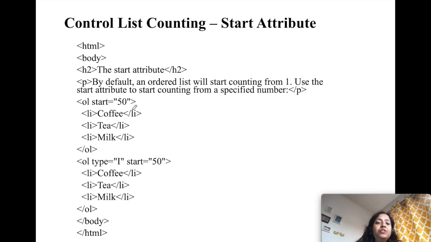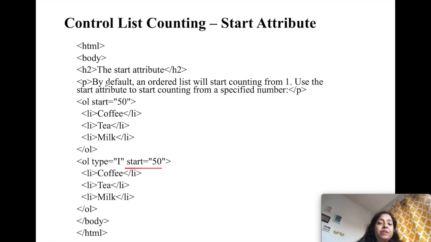Now we are coming to the next attribute, okay? How can we control the list counting? It is the next attribute of OL. Suppose I wrote OL type equal to Roman, okay, and here you wrote 50, okay?